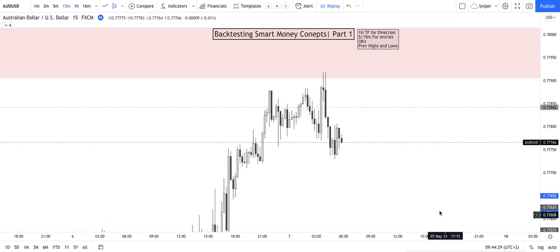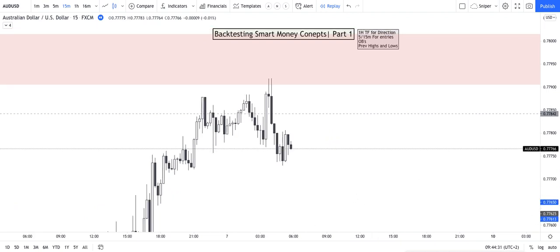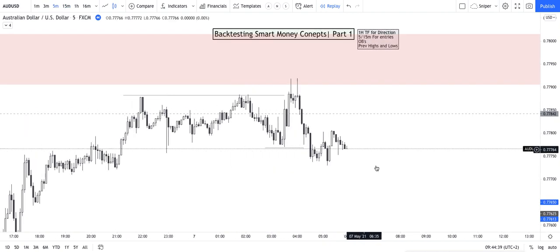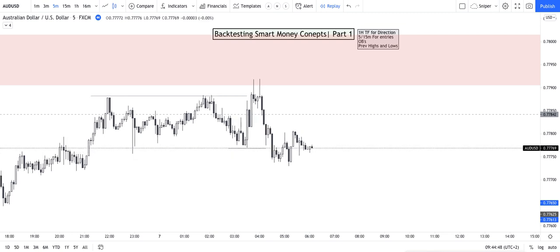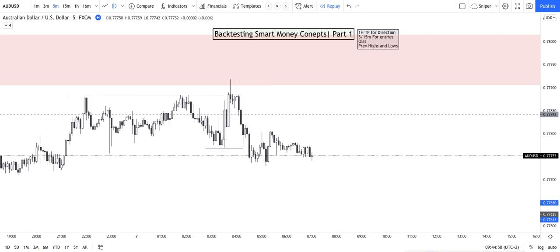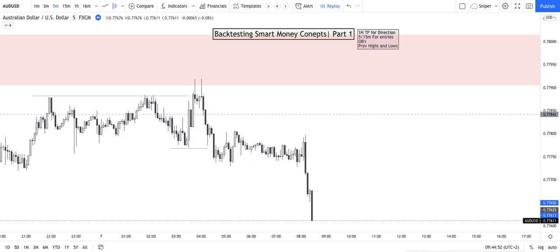Very nice. We saw liquidity being grabbed. We saw price breaking structure towards the downside, even though it's not as clear. Let's check this one on the 5 minute. If price can maybe give us a clean impulse, leave a clean order block, that would be nice. It's just consolidating there.